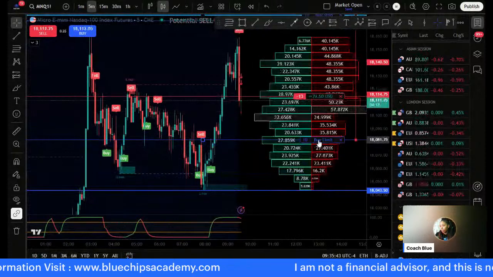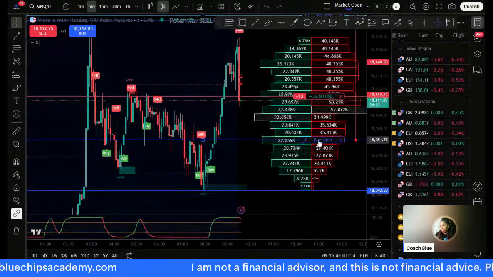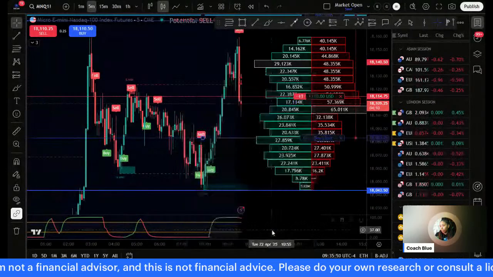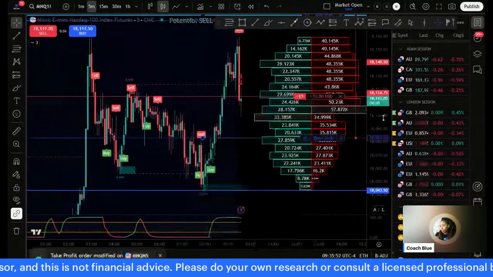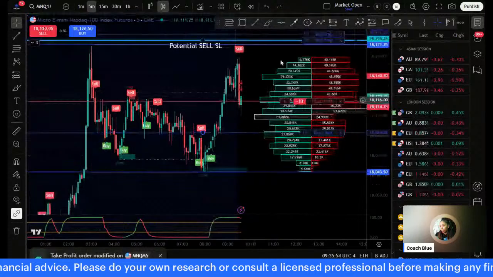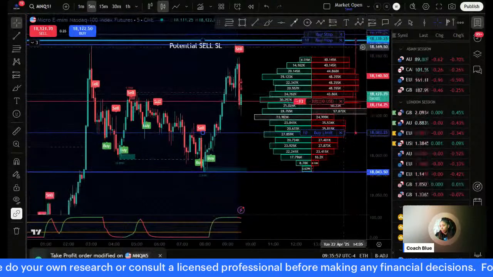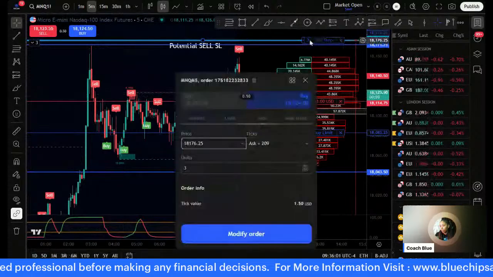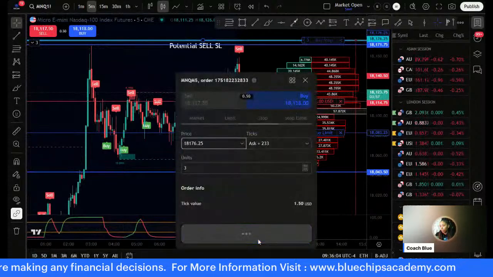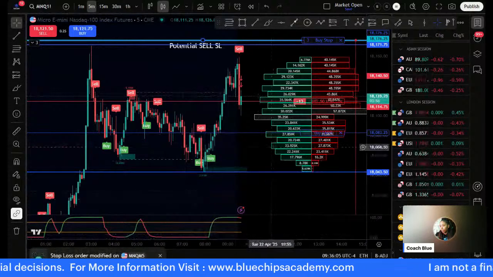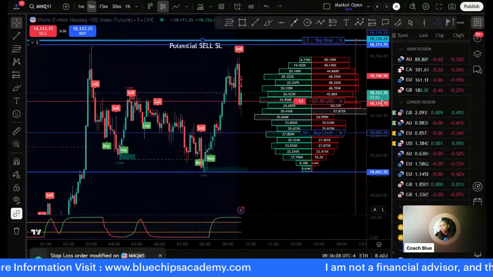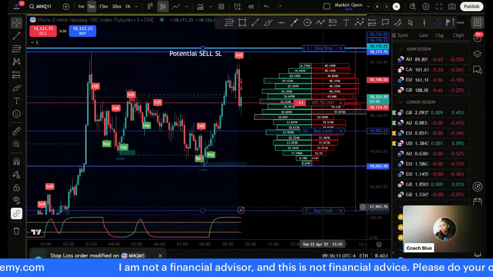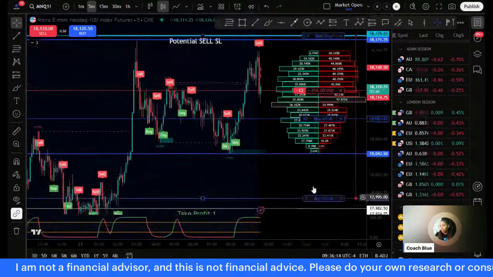Okay, so we're looking at 18,083.25 for TP1. Okay, and let me bring this down here. Okay, and then TP2, let's see here. TP2 is going to be, let's see, at the bottom here, the bottom of this right here.